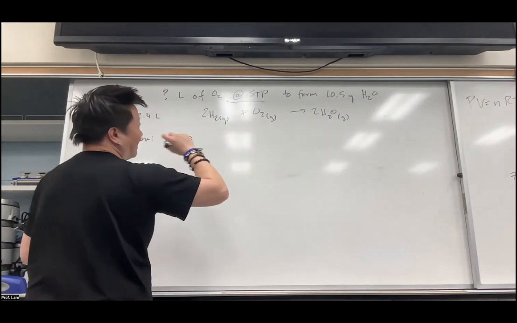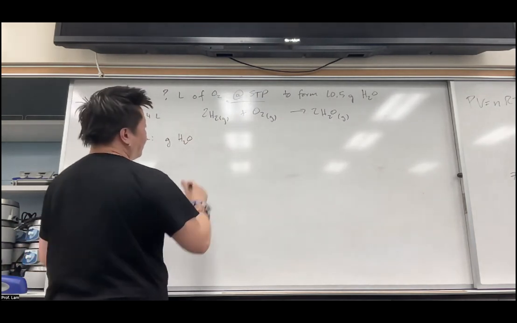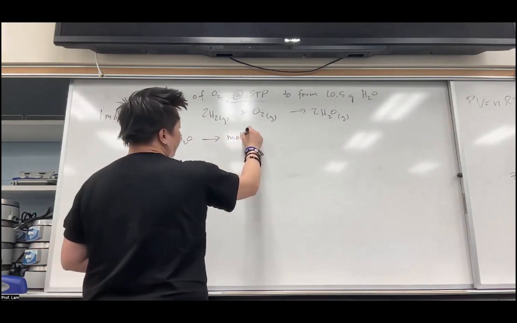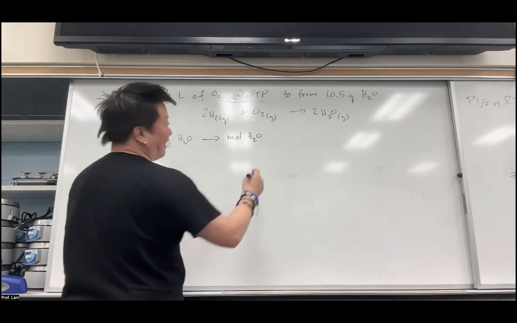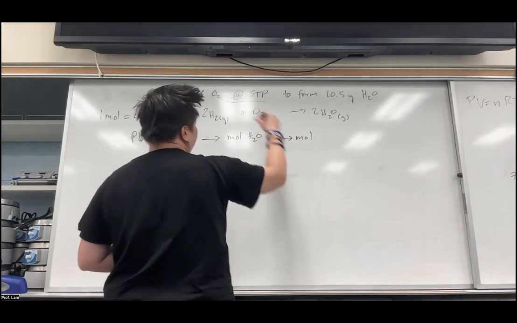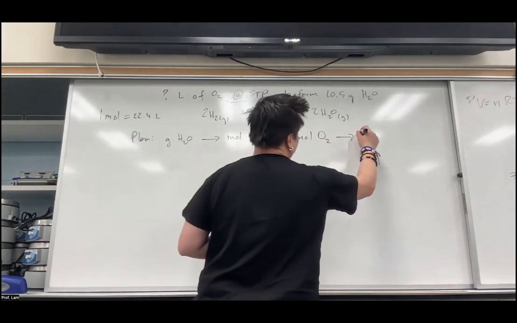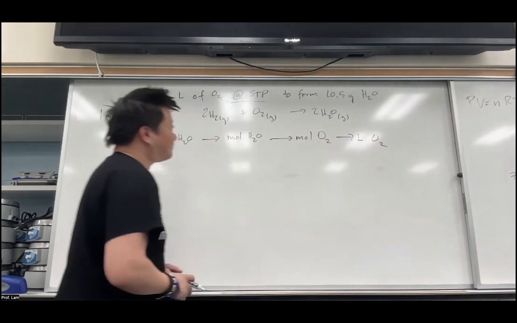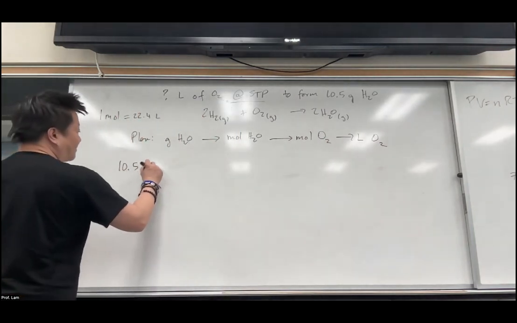We're trying to back calculate to see how much oxygen is needed to form 10.5 grams of water. So grams of water, we need to convert it to moles of water. And that's mole A now, right? We get to mole B, which is moles of O2. And then from there, liters of O2.